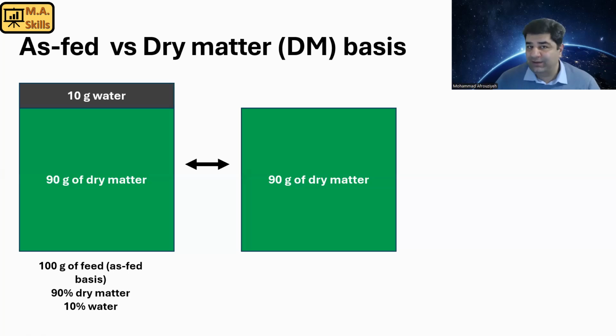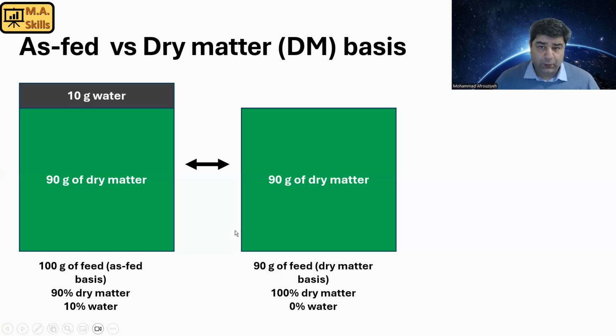Versus dry matter means you have dried it out, in an oven, let's say at the lab at let's say 80 degrees centigrade overnight, and you've got a completely dried sample. So in that case, the moisture is gone.